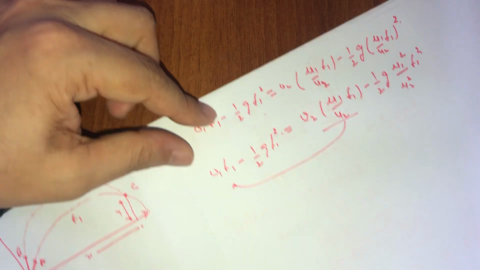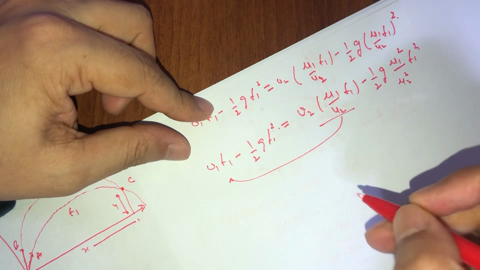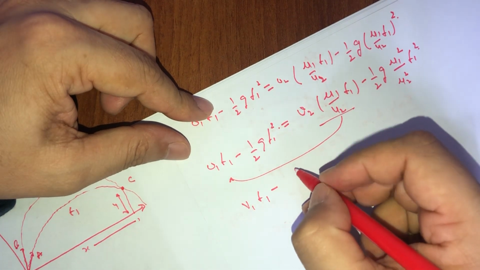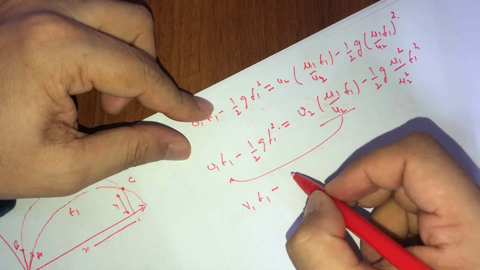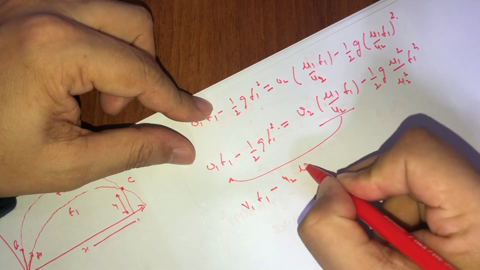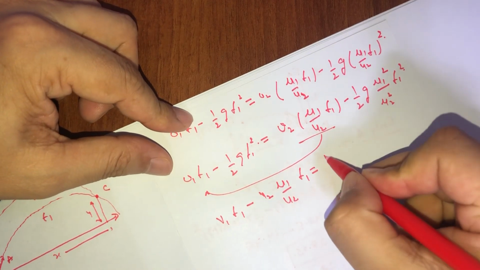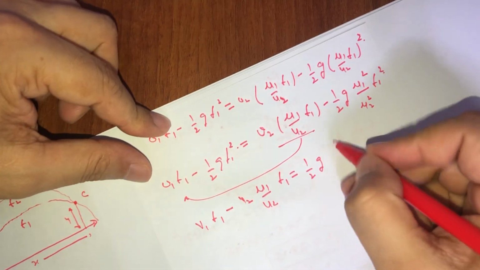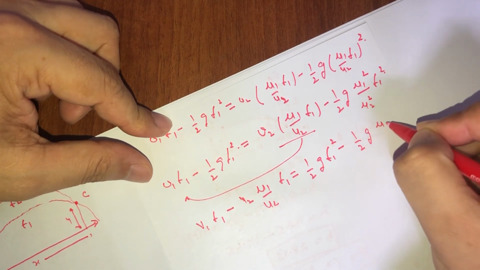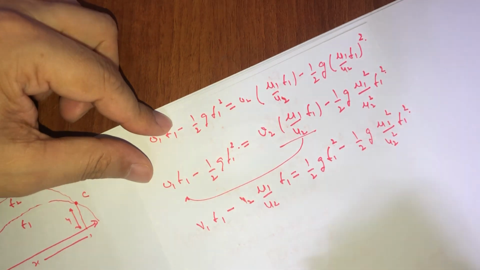We get v1 t1 minus v2 u1 by u2 t1 is equal to 1/2 g t1 square minus 1/2 g u1 square by u2 square t1 square.